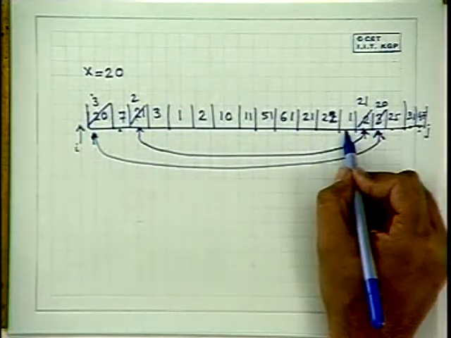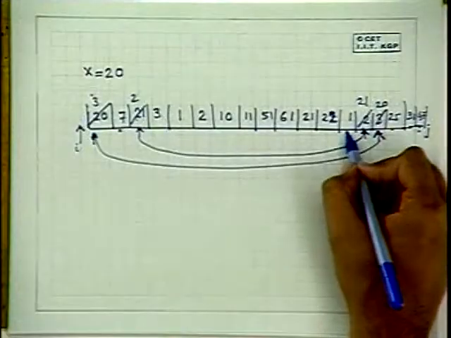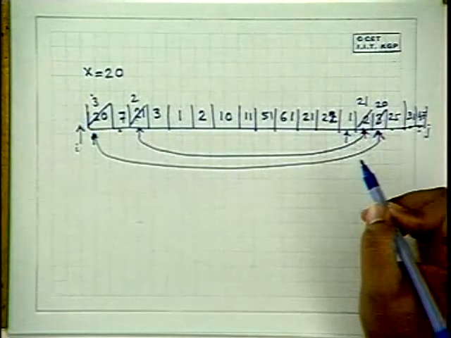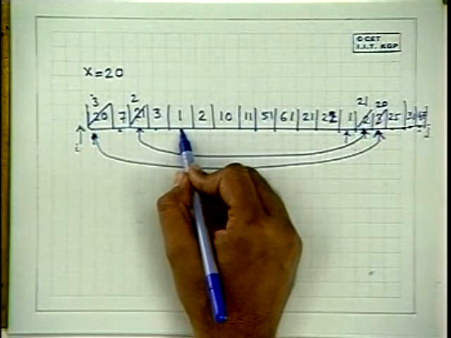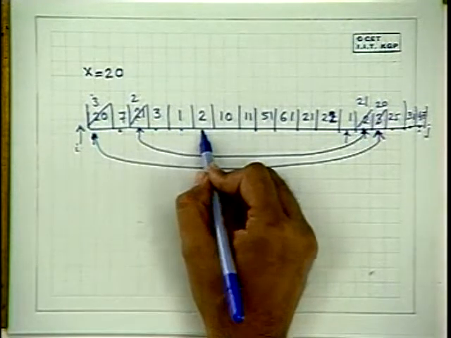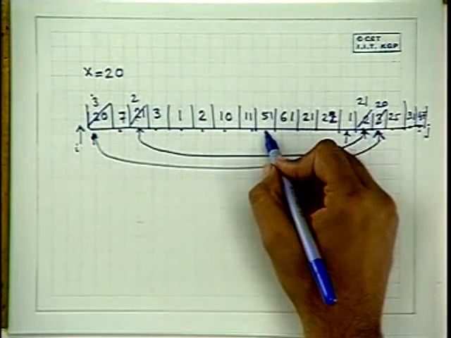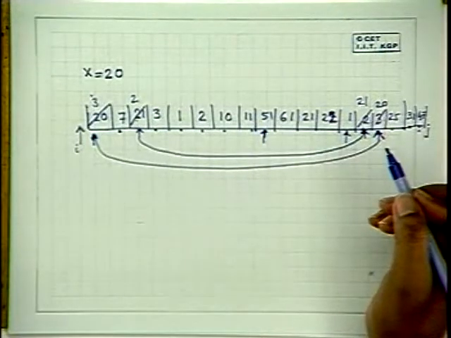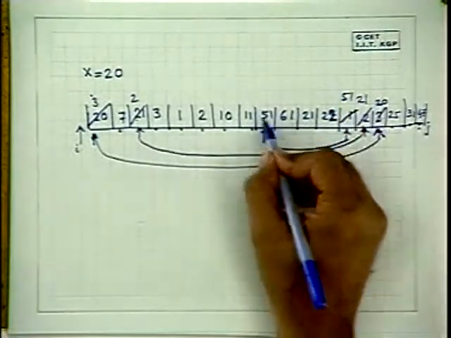Now again the entire loop starts. The first repeat loop, j is equal to j minus 1. 1 is less than 20, so it will stop here. And what about I? 3 is less than 20, which is fine. 1 is less than 20, 2 less than 20, 10 less than 20, 11 less than 20. The first time it will stop is at 51. Now I is still less than j, so these two will be exchanged. So 1 will be 51, 51 will be 1.